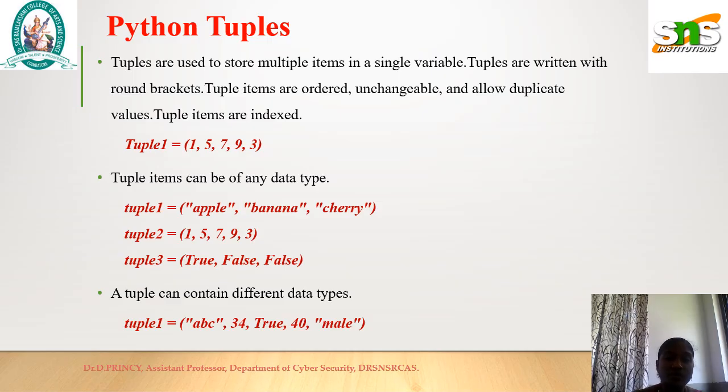Tuple 1 has apple, banana, cherry, which are string values; 1, 5, 7, 9, 3, which are integer values; true, false, false, which are boolean values. A tuple can contain different values, that is string, number, boolean, number, and string, like that.